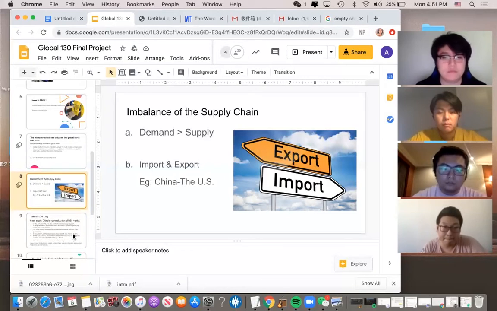So and also there is an imbalance of the supply chain. During this hard period, the transportation system was temporarily closed, and the raw material produced in the south could not be transported to the north for processing.